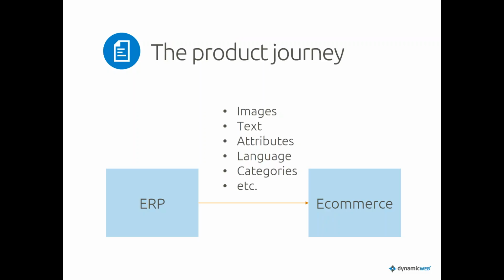We might also need to translate to different languages, so we have the products available for all the markets that we're in. And we also need to categorize our products, not in a financial manner as we have it in the ERP system, but put it into a categorization that makes sense in an e-commerce solution. So all of these things need to be taken care of on the product.